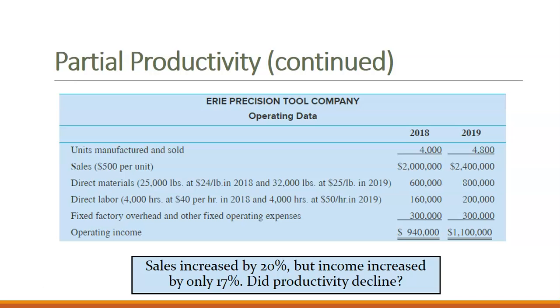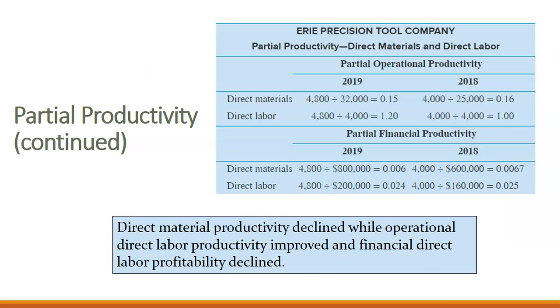So did our productivity decline? What can explain how we can have a 20% increase in sales, but not a 20% increase in operating income? So we're going to look at various productivity measures for this tool company.